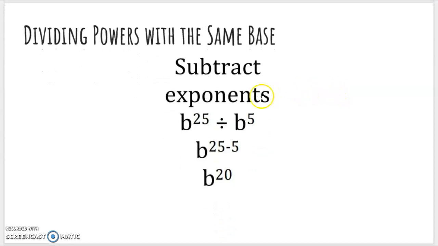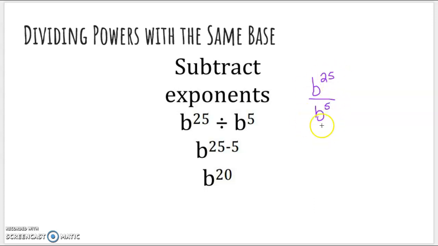When you divide powers with the same base, we never write them like this. Technically you're subtracting your exponents, but if we were actually going to see something like this, you would have b to the 25th over b to the 5th.